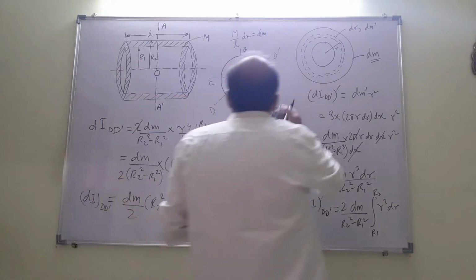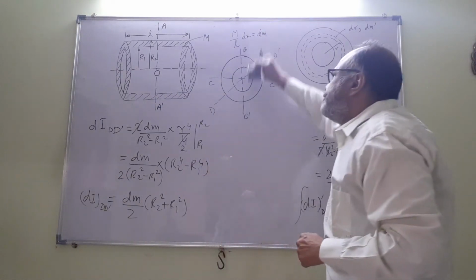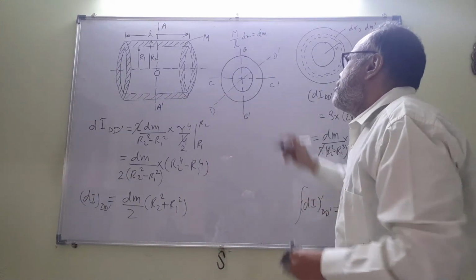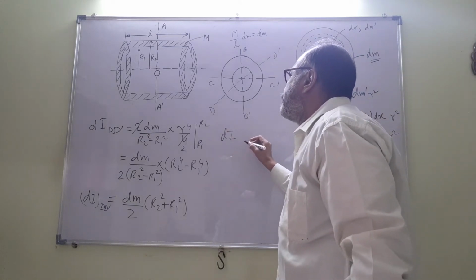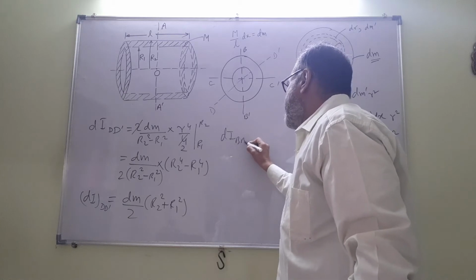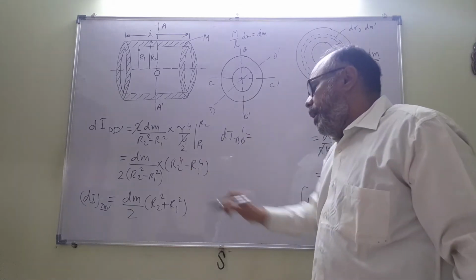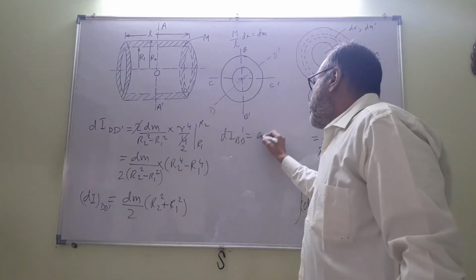So the moment of inertia about BB dash. What is dI about BB dash? We saw it is half of this.